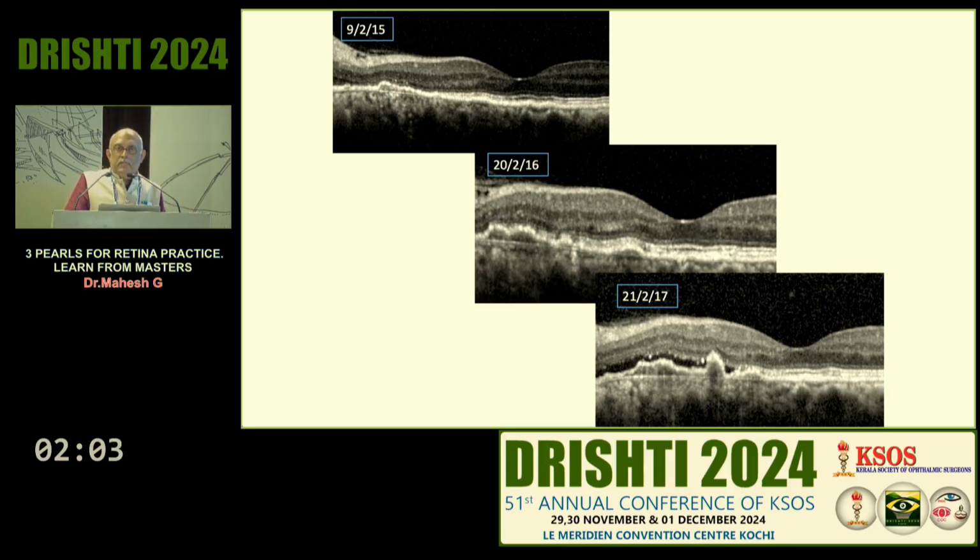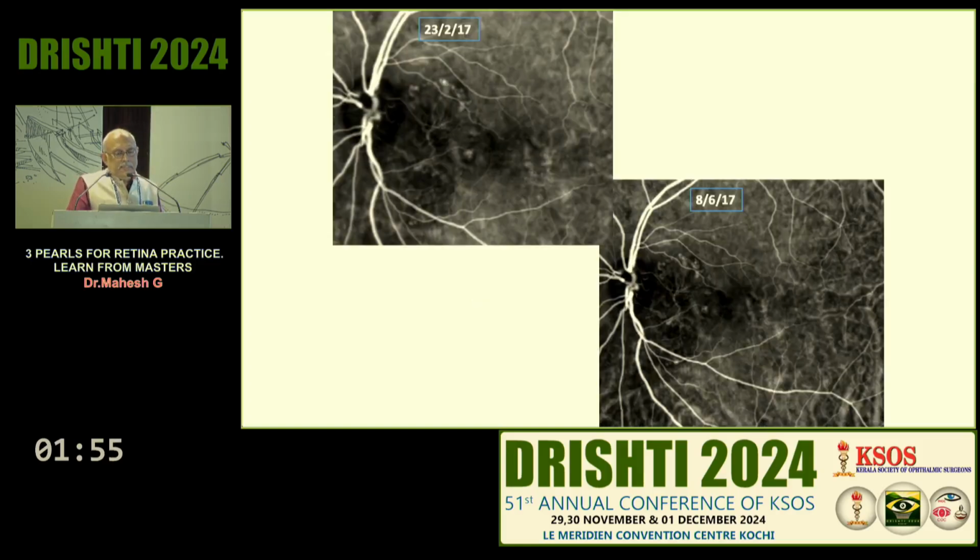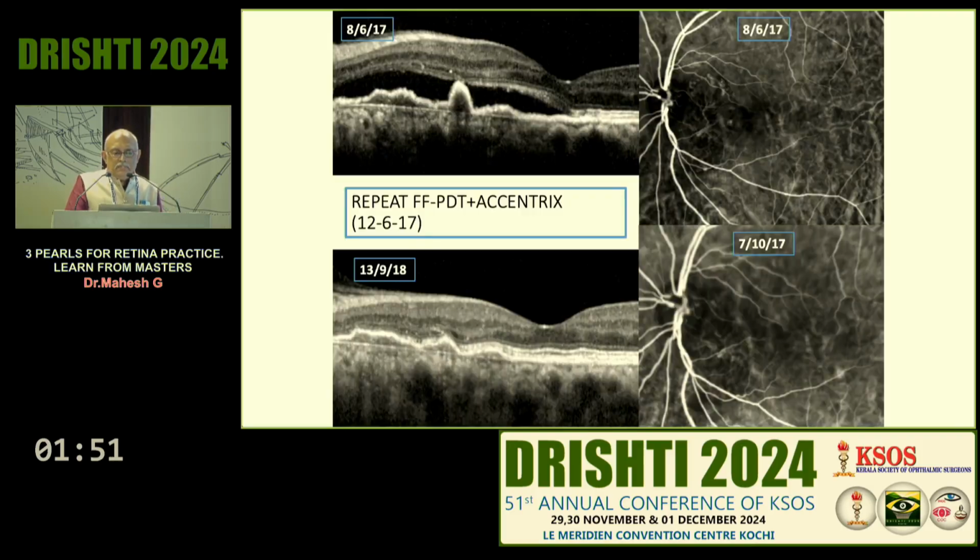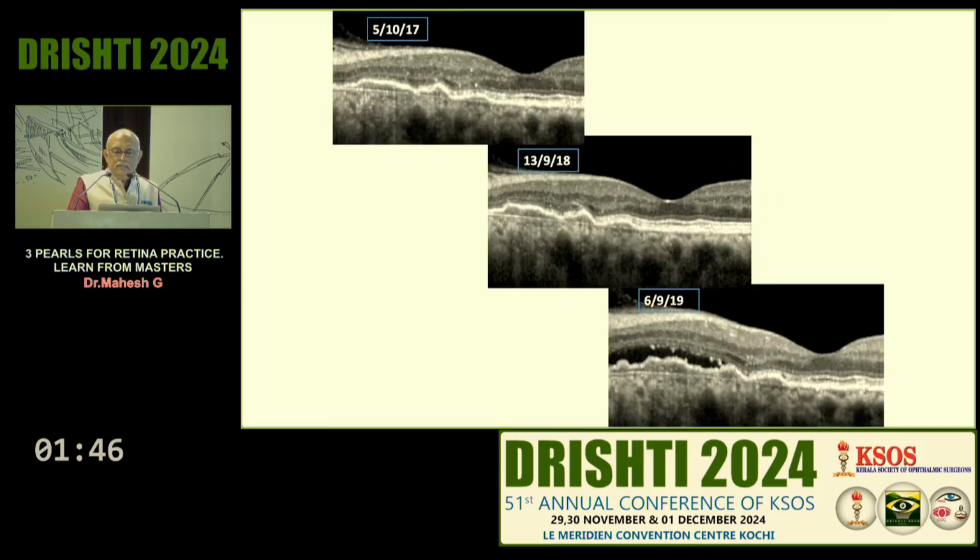PCV also will come back. It is not that PCV is more curable than nAMD, but you get a period of fewer injections with PCV if you do combination therapy. Again, new polyps are coming at the edge, creeping polyps. So again, repeat PDT and injections, and then it goes. Again, it is coming back after 2 years.